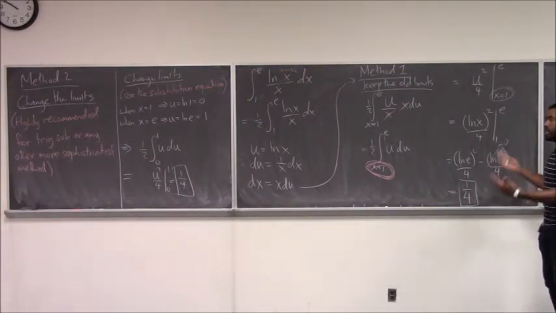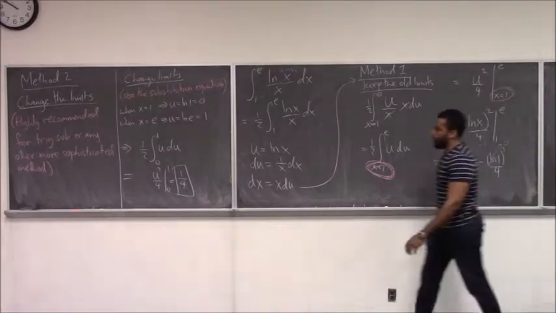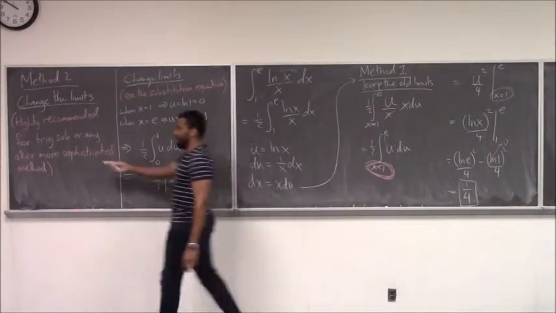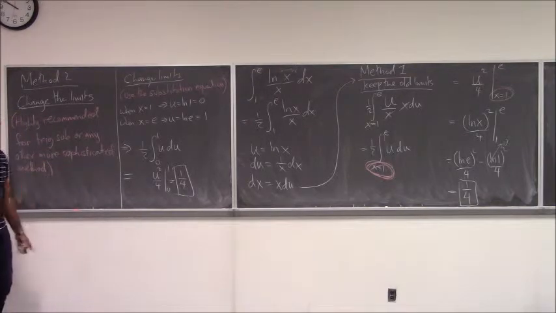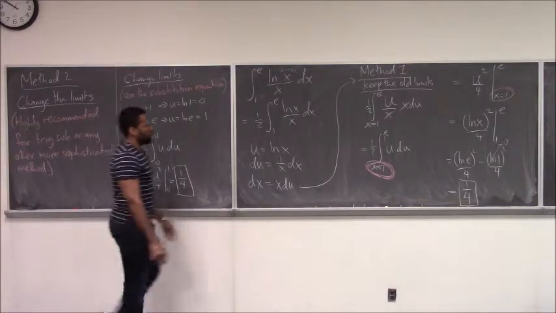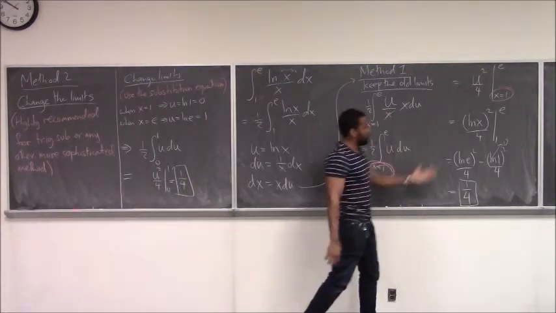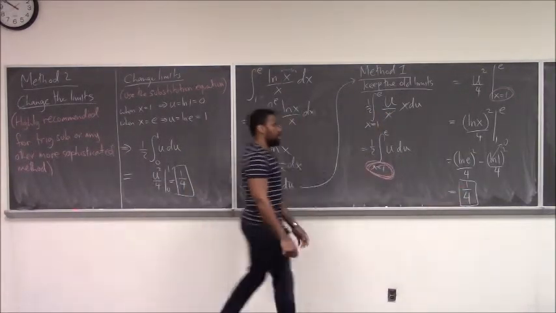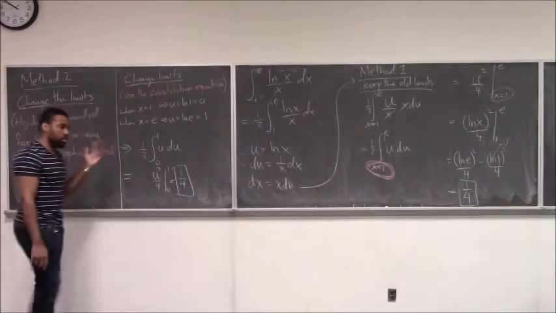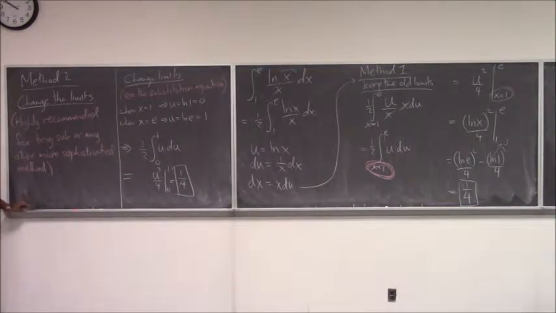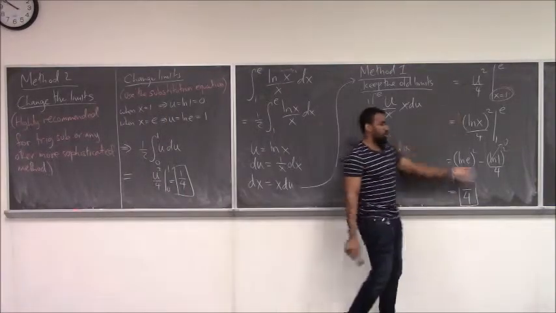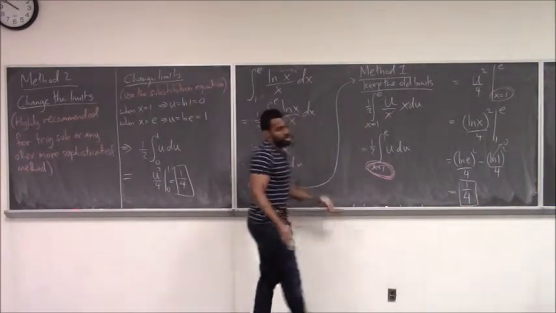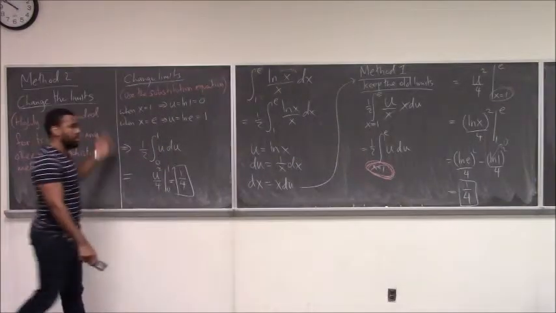So usually it's a matter of preference, but there are times when I would definitely recommend this way over just keeping the old limits. Normally, by the time you learn a lot more sophisticated methods, substitution is going to feel really easy. It's something you can almost do in your sleep. So going through these extra steps isn't going to bother you, and you just might not feel like changing the limits, that's fine.